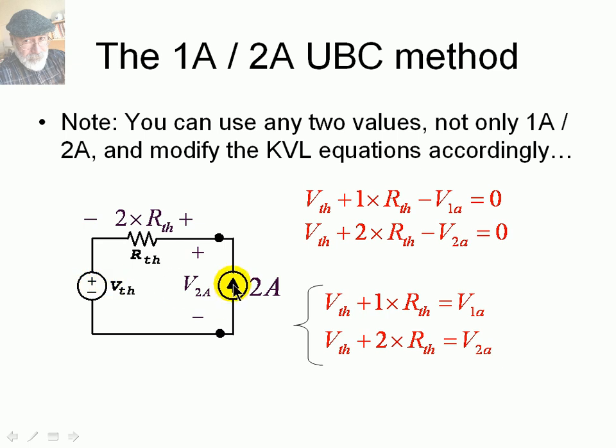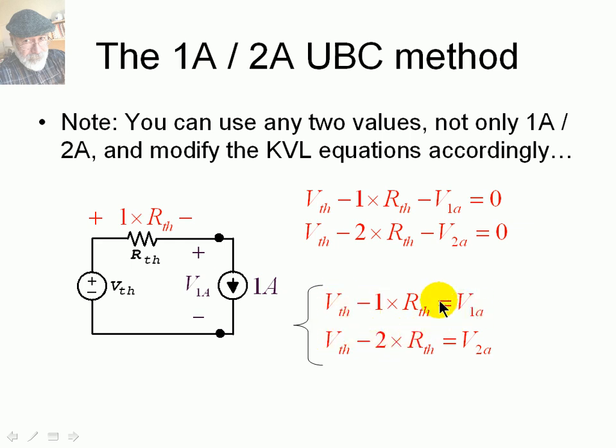But if somehow you decide to flip it around like so, the voltage drop polarity in this resistor will change, so that means that this term will now be negative, and negative will be the coefficients for our Rthevenin in those 2 equations. So you flip this current source upside down, the price you pay is you have to use negative coefficients in here and in there. Instead of 1, 1, 1, 2, you have 1, negative 1, 1, negative 2.